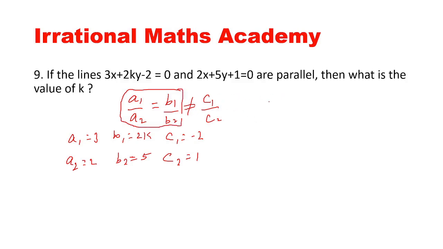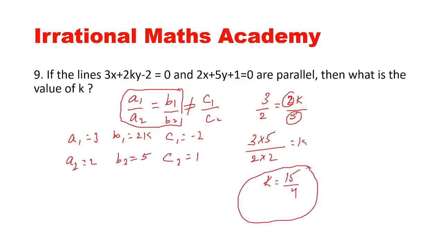So what I'll get here? 3 by 2 equal to 2k by 5. This 5 is in the denominator. If I transpose it, it becomes multiplication, and here it is in the multiplication. So 3 into 5 by 2 into 2, k. So k equal to 15 by 4 is the answer.